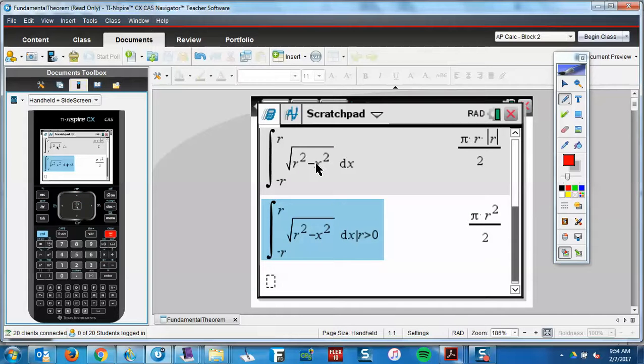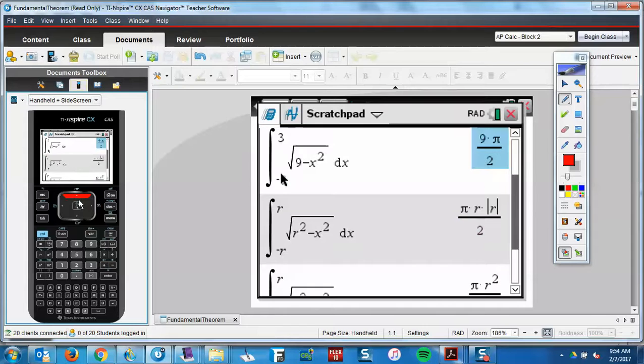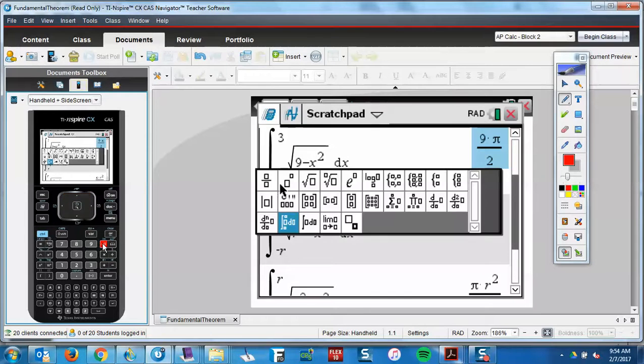This was last period, so I typed in this integral here. Where you do the integrals, you probably know, next to the 9, you go right here, here's your integral symbol, if you want to do an integral.